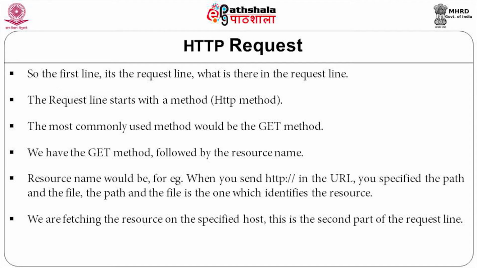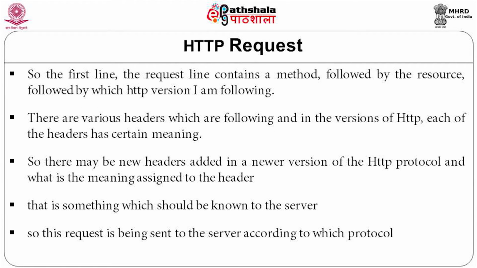So the first line, the request line, contains a method followed by the resource, followed by which HTTP version I am following, because yes, there are various headers which will follow, and each of those headers has certain meanings.